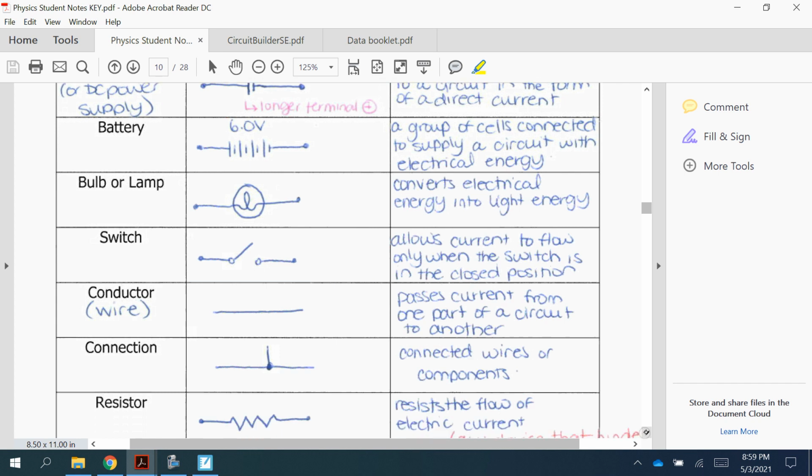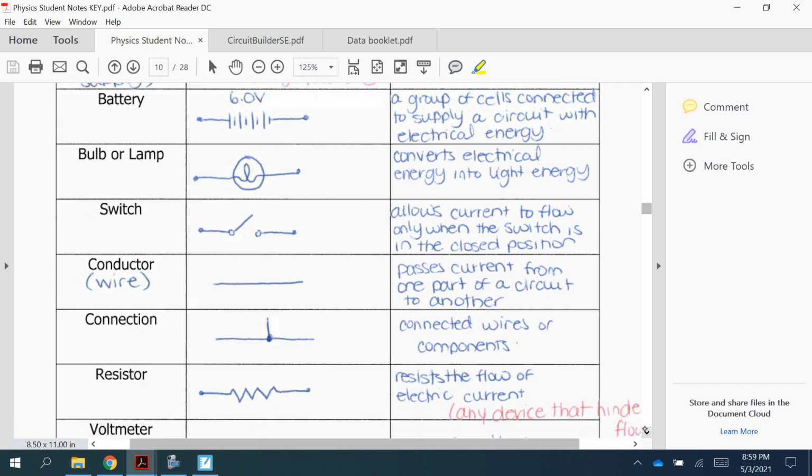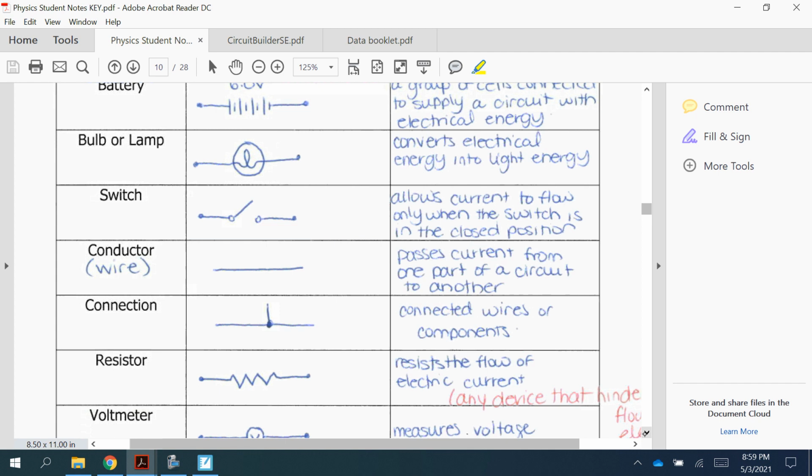So we just use lines to indicate wires. Again, they need to be conductors, so we can't use anything that is a non-conductor because it won't allow that flow of electrons. Sometimes when we have a connection, a wire off another wire, it'll just look like a T here. You guys will see this as we go.